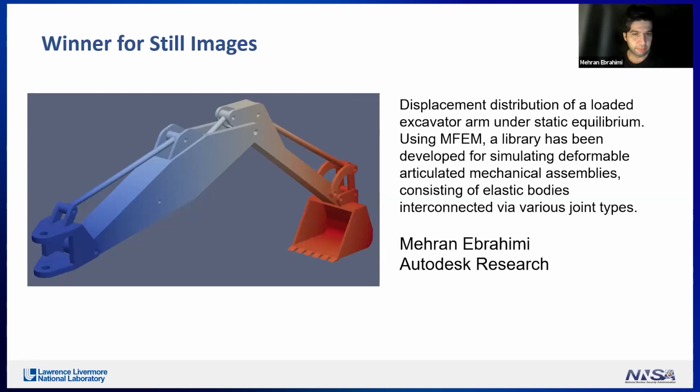For this example, we have revolute joints and some spherical joints. Then we form constraint equations, and so we end up with a saddle point system, and we solve that saddle point system through a projected conjugate gradient that we developed using the MFEM API.